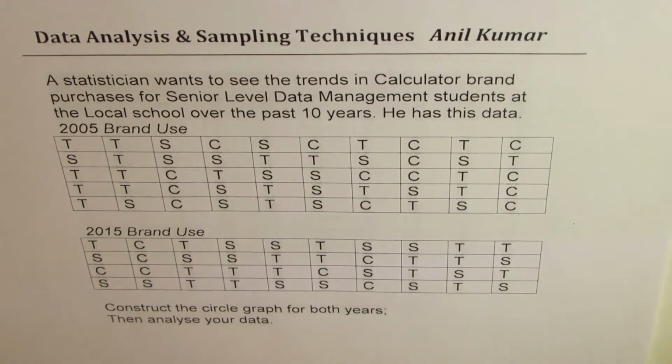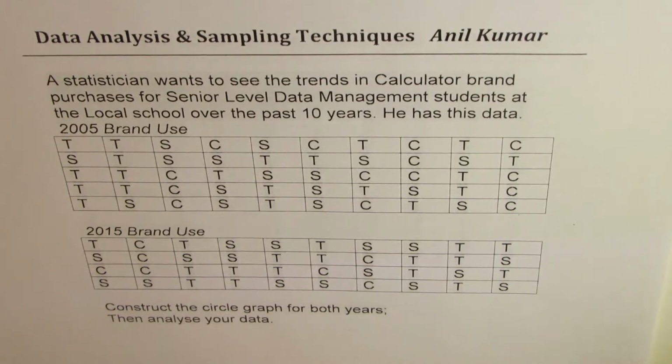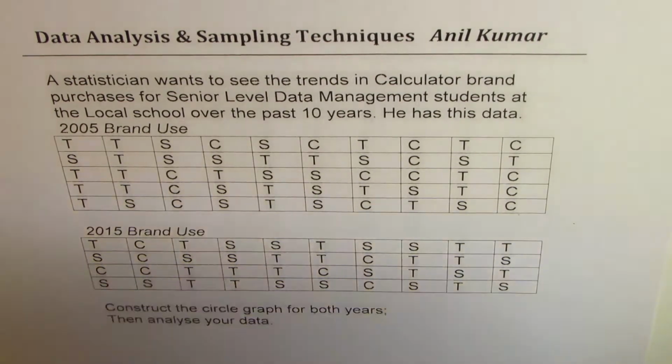You need to construct a circle graph for both years and then analyze your data. So with that, we'll understand how to construct a circle graph, right? So I hope with this, we'll be in a good position to cover most of the topics of data management, which we talked about in the very beginning.